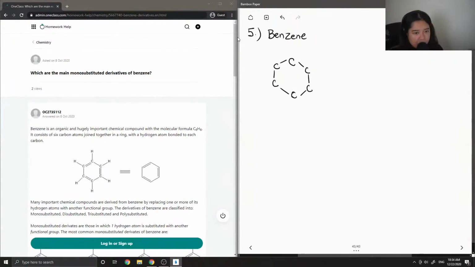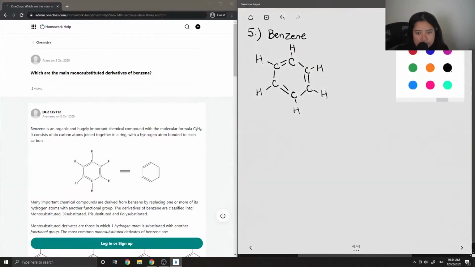And then in between each carbon, every other carbon is a double bond. And then since carbon needs 4 bonds in total, all of the carbons contain a single hydrogen. Okay, so this is benzene.